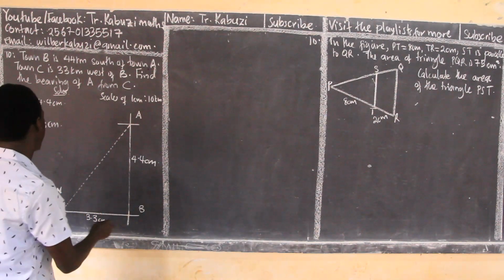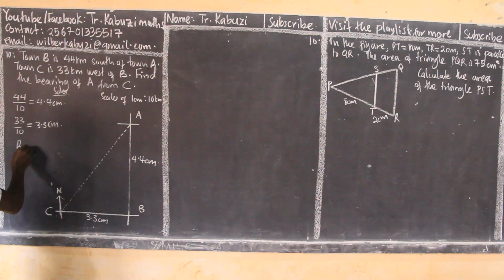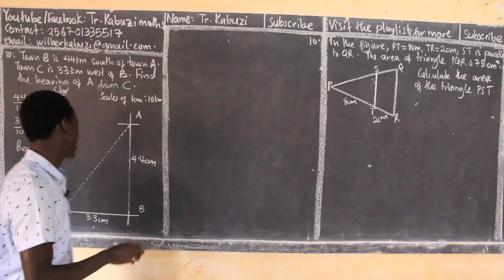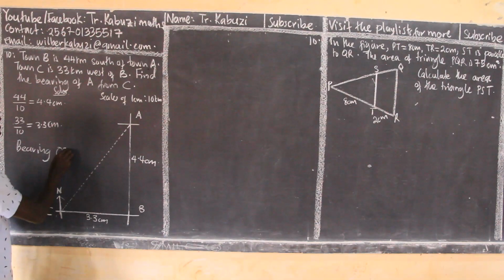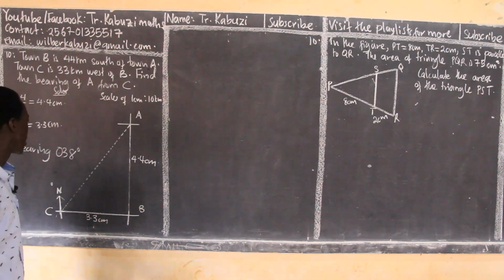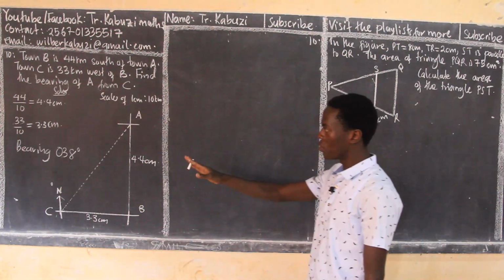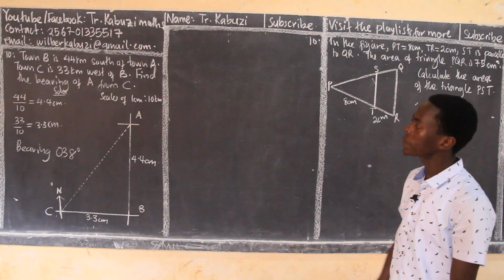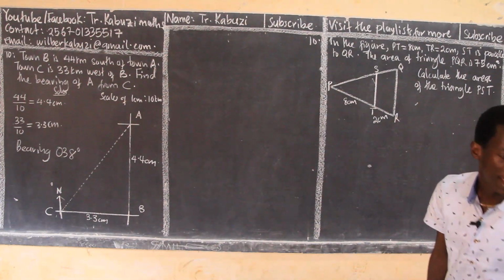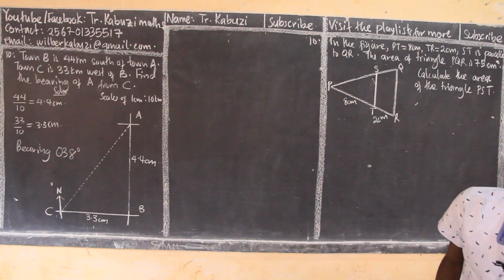So now our bearing is going to be, remember, we give bearing in 3 digits, 038 degrees. That's how you can get 38 or 39, for those who are accurate, but it is going to be close to that.